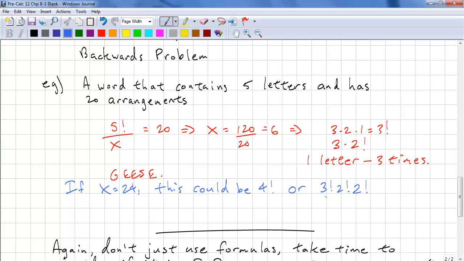So this means we have 1 letter repeated 3 times, another letter repeated 2 times, and another letter repeated 2 times. So this is an ambiguous case. You can have multiple solutions. But if x equals 6 or 12, they are not ambiguous. So 6 is just simply 3 factorial. I'll let you work on 12 by yourself.